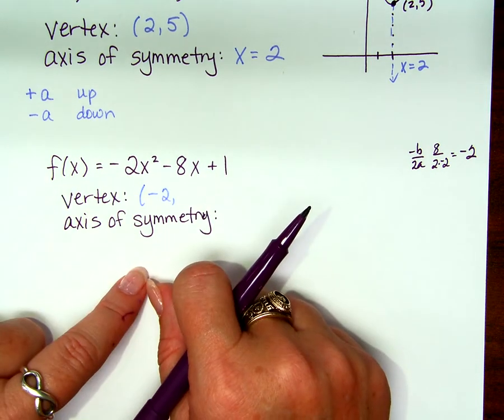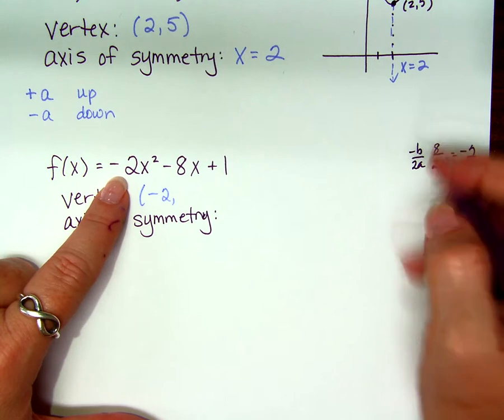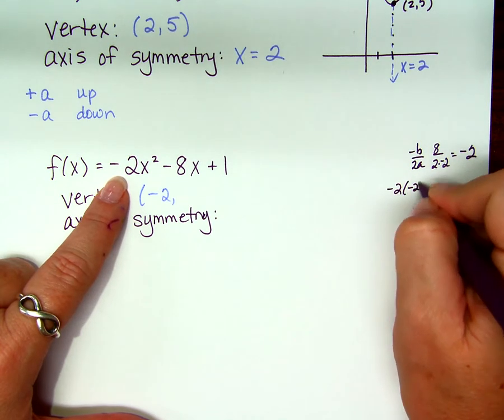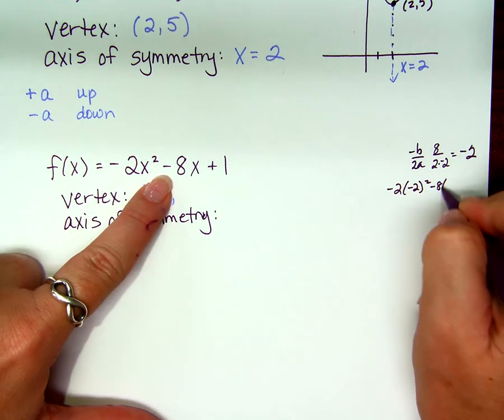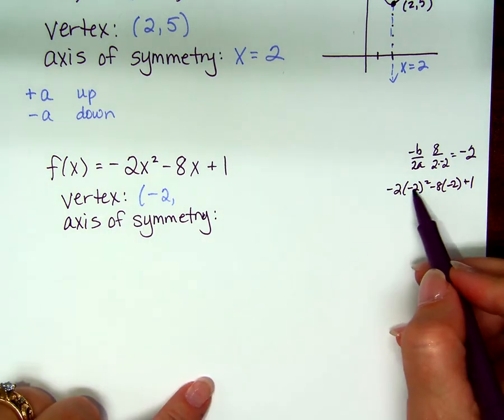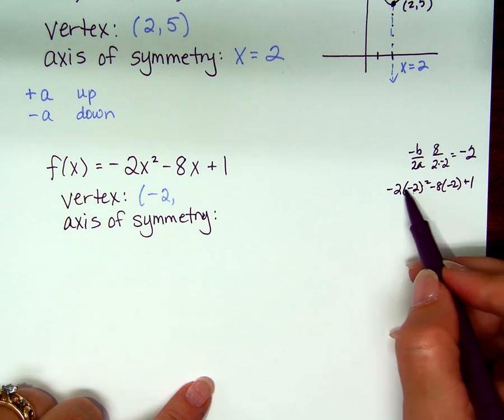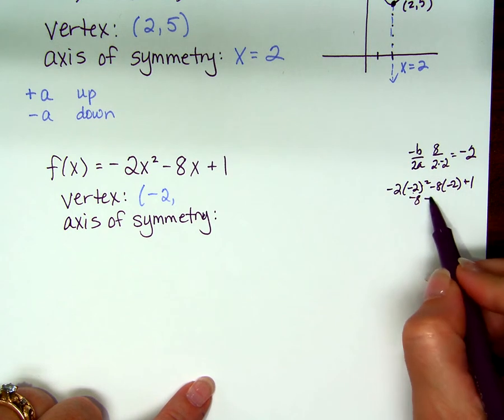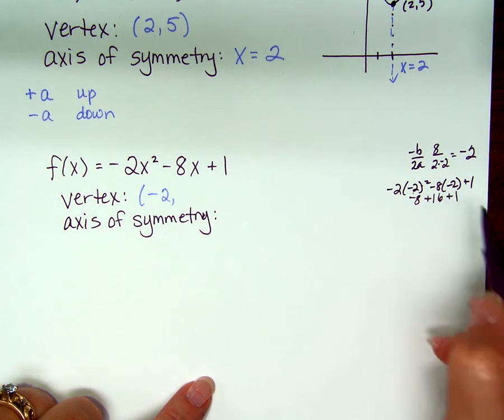Okay. So negative 2 times negative 2 squared minus 8 times negative 2 plus 1. What's negative 2 squared? Negative 2 times negative 2. 4 times negative 2. Negative 8 plus 16 plus 1.